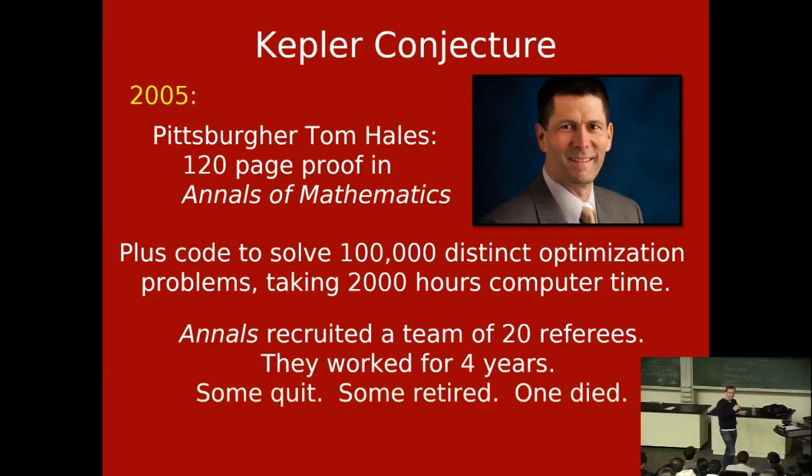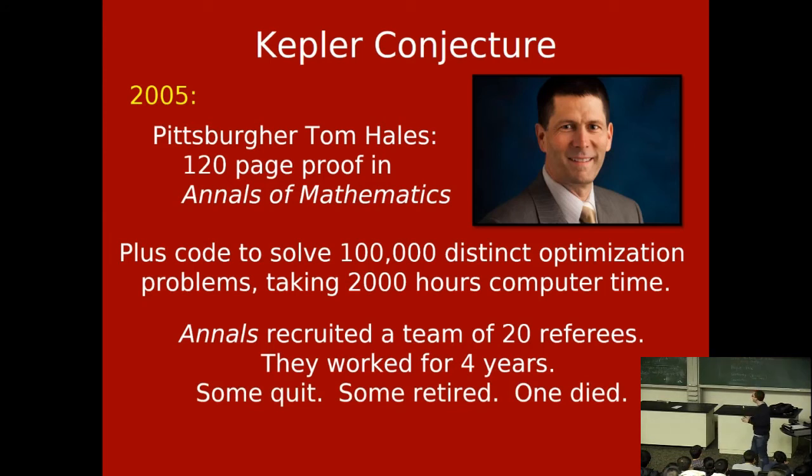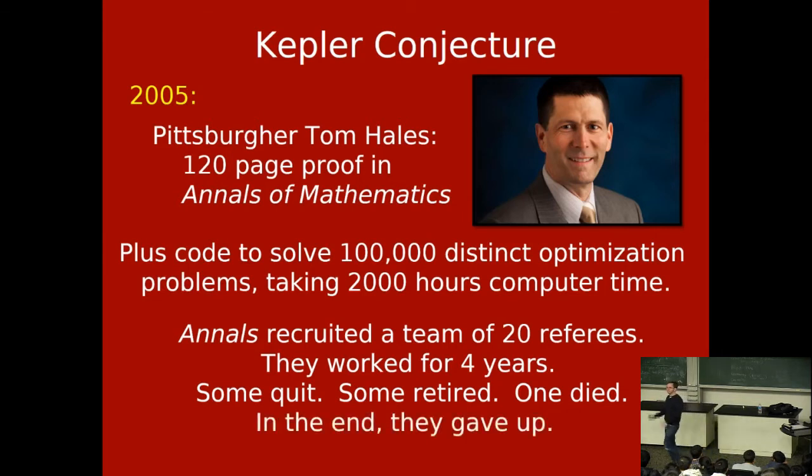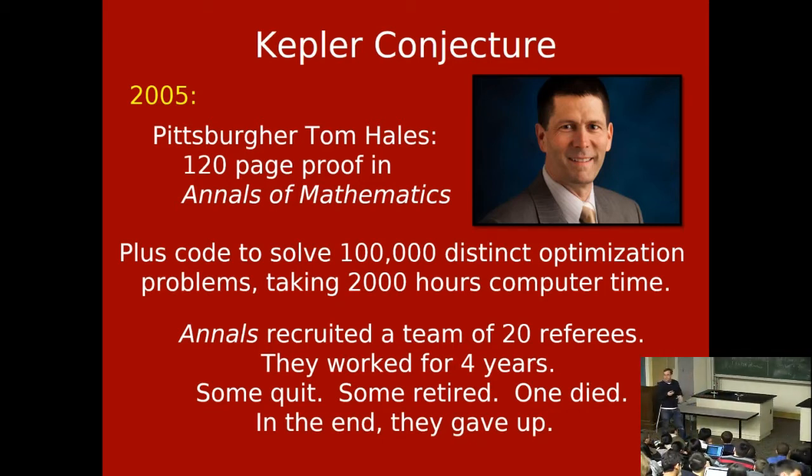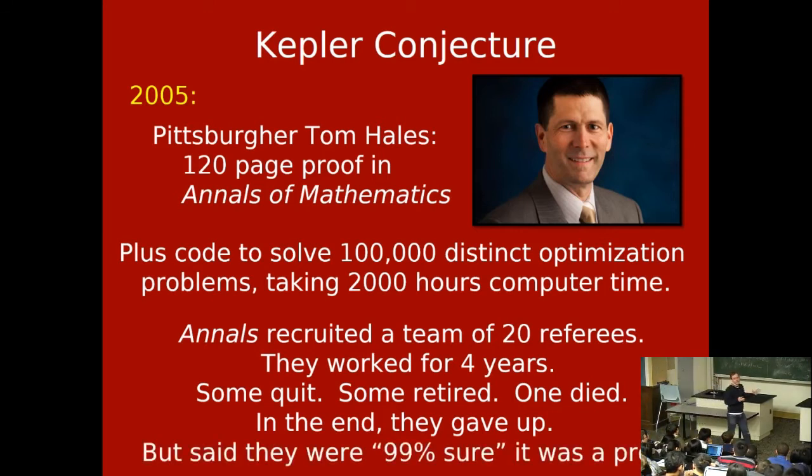Some quit, some retired, one of them died. They got to the end of the 4 years working on it, and they gave up. So at the end, they were like, we can't do it. We cannot certify that this is a complete proof, just because resolving this whole question of whether the computer code is correct and so forth is too hard. But they were like, we're 99% sure it's true. And they published it. So that was cool.